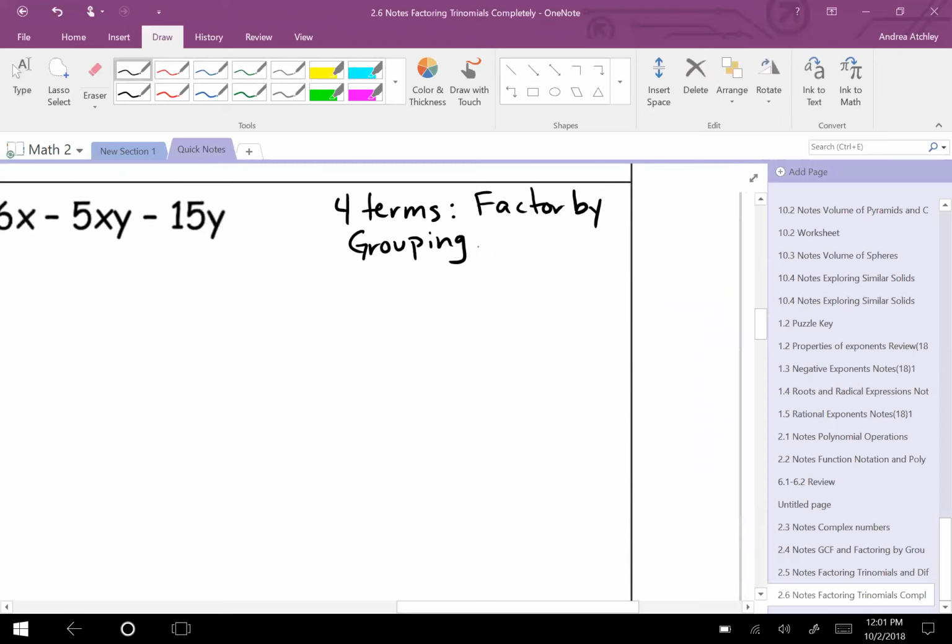Okay, so this is back in, I think, 2.4 we learned this. So we draw the box, without the circle in the middle.